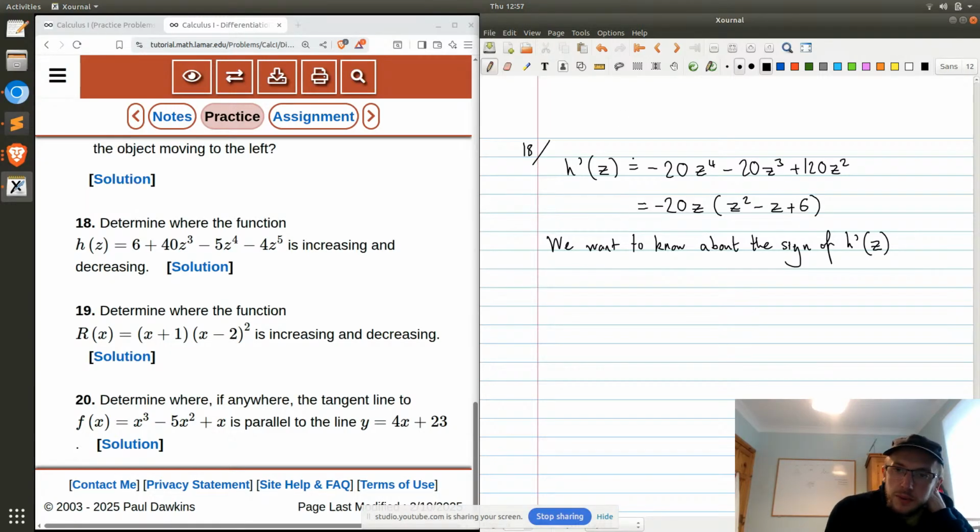Well, first of all, this is wrong because that should be squared. And that doesn't have any solutions, does it? Unless I did that wrong.